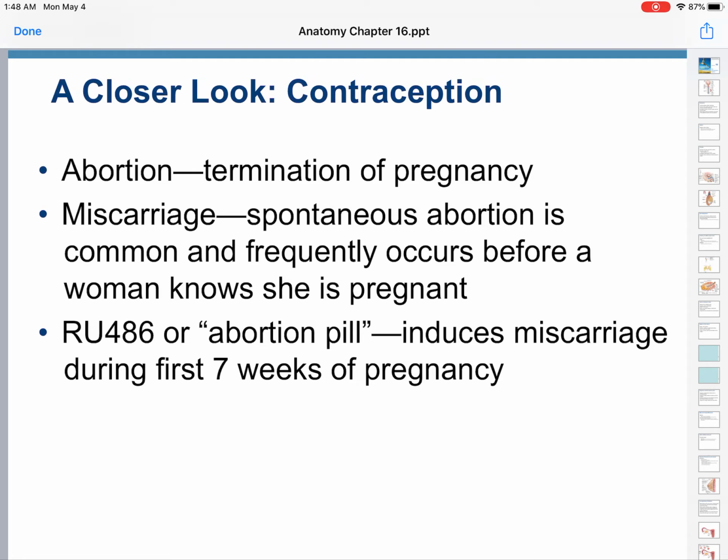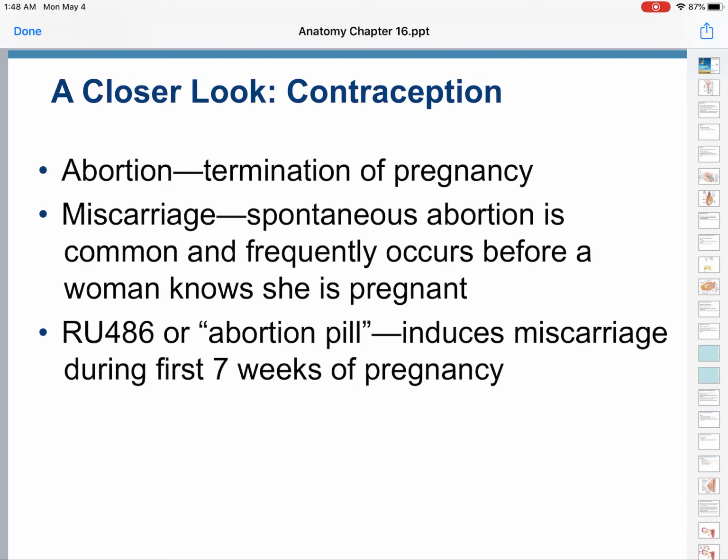This can happen within the first week or two before she would have missed her first period. So many different pregnancies. I have seen some figures that say as many as 60 to 70% of pregnancies are miscarried, and many of them end before a woman even knows she is pregnant.